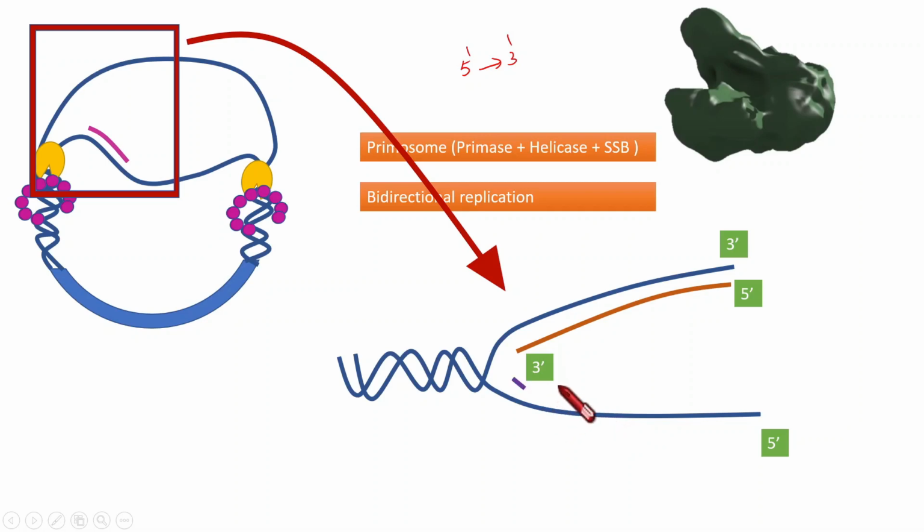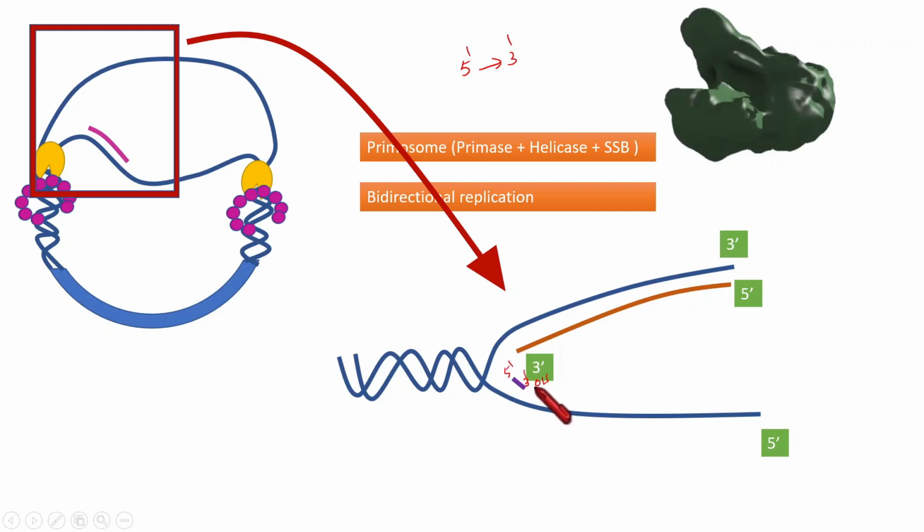I'll show you that. First, it lays down one RNA primer, and after that, this DNA polymerase adds deoxyribonucleotide to its 3' OH end. This primer's 3' OH end is this one, and the 5' end will be this one.